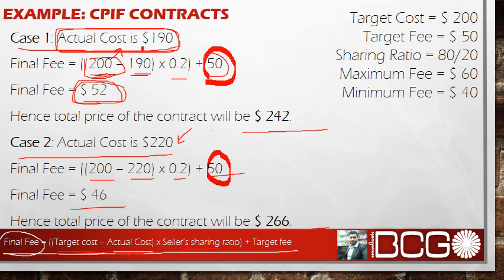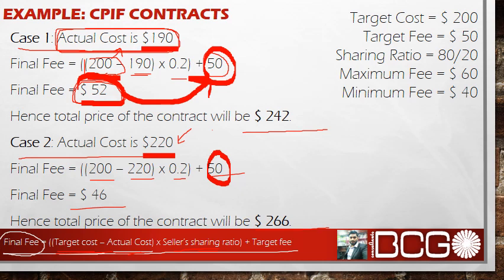So in this particular case, when he has consumed less cost than the target cost, you can see the final fee was higher than the target fee. So here he got an incentive of 2 US dollars. Okay, but in this case he has spent more than this target cost 200.